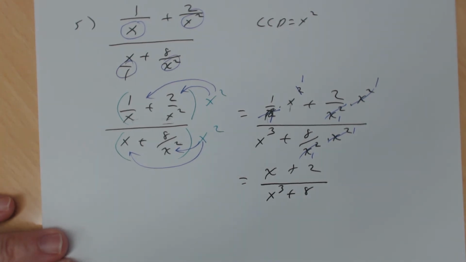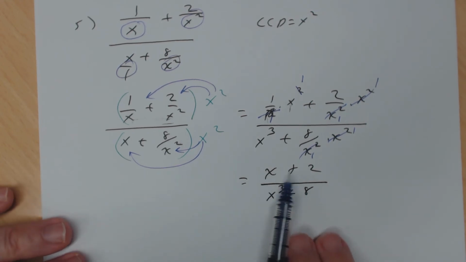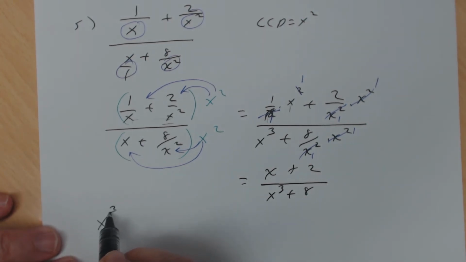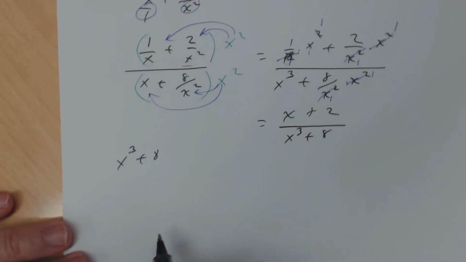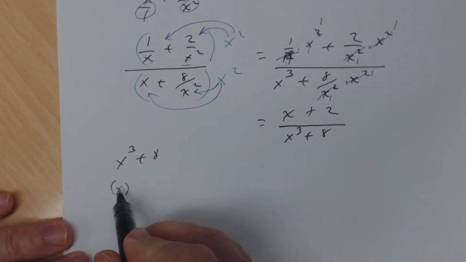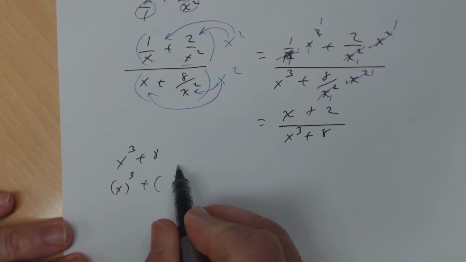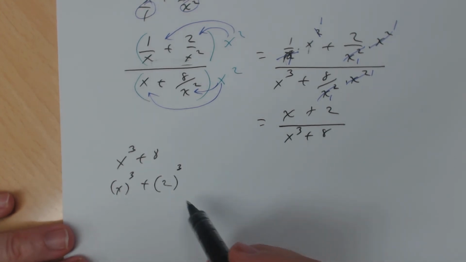Alright, remember the next step is to factor your numerator and denominator. Well, my numerator cannot be factored, but my denominator is the sum of two cubes, because I can write x cubed as x raised to the third power, and I can write 8 as 2 to the third power.